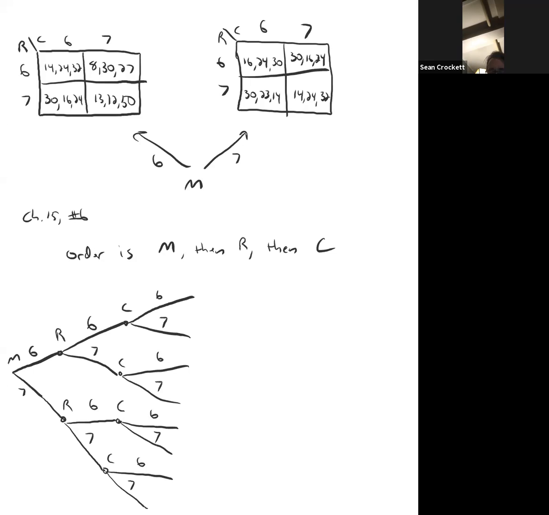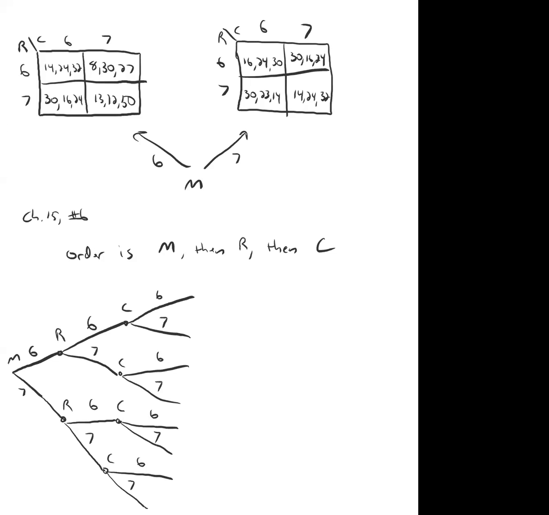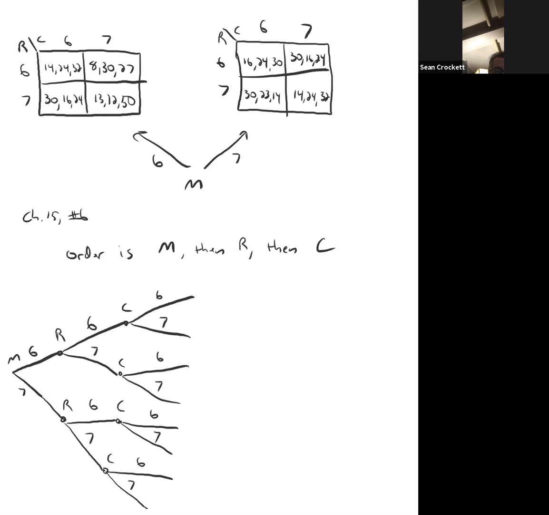Does that make sense? So there's no dashed lines? Yeah, that's the critical insight here, because now that you see that, we can just write the payoffs for each one of those branches, and then player C solves by backward induction what her action is at each of those information sets, and then we back our way through. So the problem is pretty straightforward once we're there.